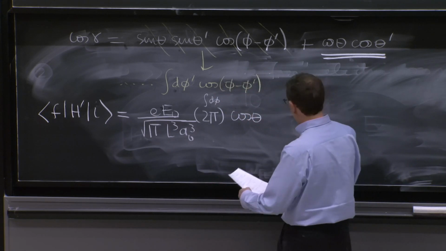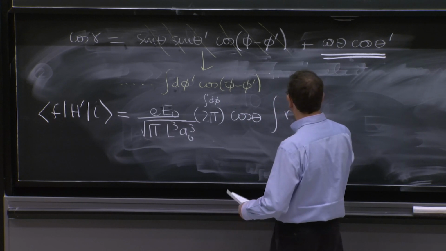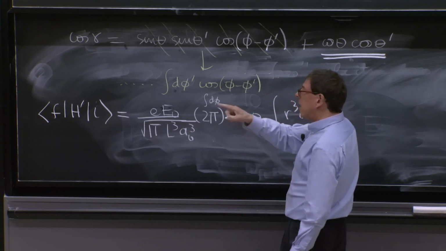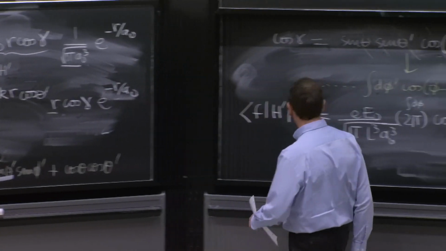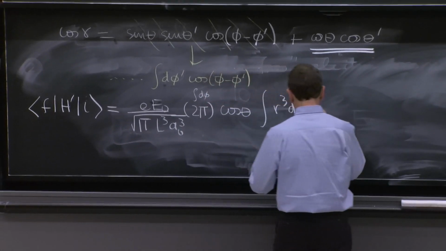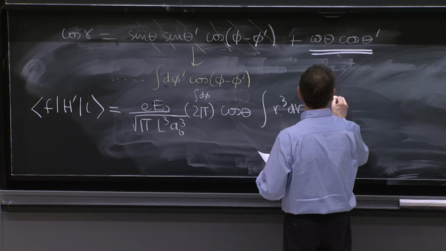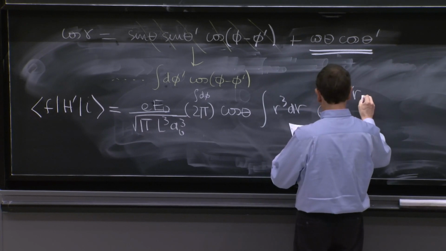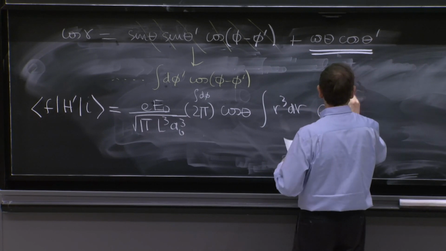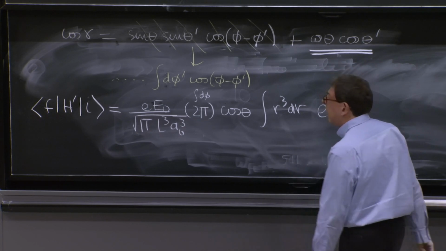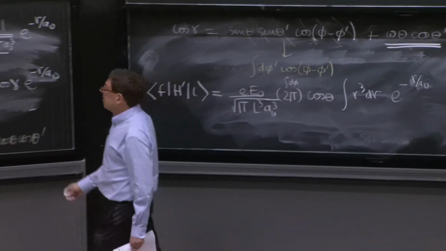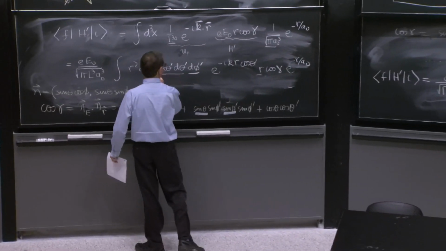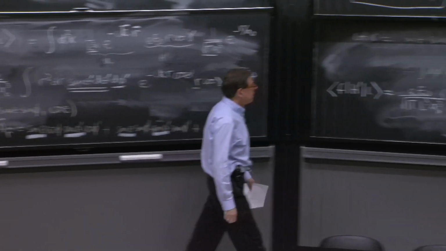And here is the integral that remains. R cubed dr. It was r squared, but there was an extra r from the perturbation. R cubed dr, e to the minus a r over A0. And this thing you can pass to cosine variables. It's pretty useful.